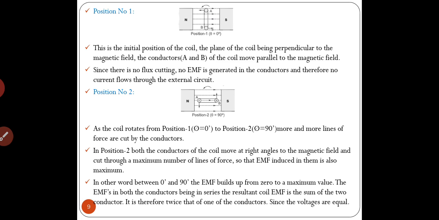There is a relative motion between the magnetic flux and the conductor, so from 0 degree to 90 degrees the EMF builds up from 0 to a maximum value. The EMFs in both the conductors being in series, the resultant coil EMF is the sum of the two, and is therefore twice that of one conductor, since the voltages are equal.